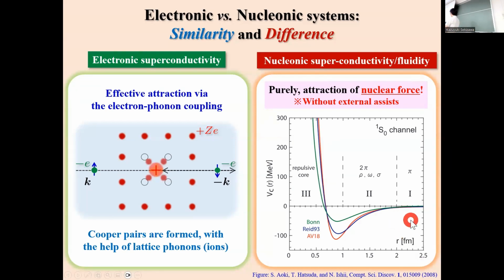Because of this attraction, they can form the Cooper pair. Without third particles like ions, in nuclear systems this attraction can induce the Cooper pairing. So this is the similarity and difference in superconductivity in electronic and nucleonic systems.